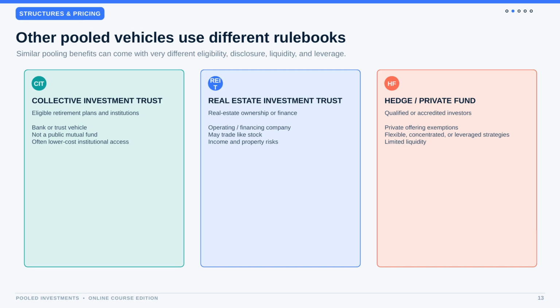Not every pooled vehicle is a registered mutual fund or ETF. Collective investment trusts, sometimes called commingled funds, pool assets for eligible retirement plans and institutional investors under a different regulatory framework. REITs are operating or financing companies that own real estate or real estate debt and often trade like stocks.